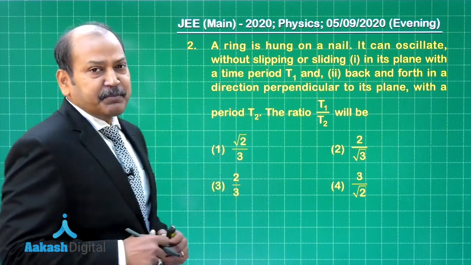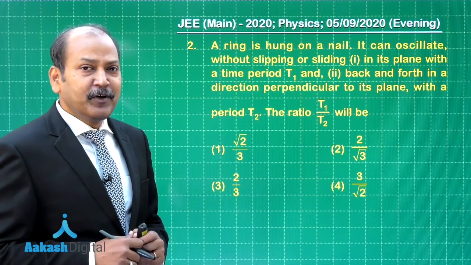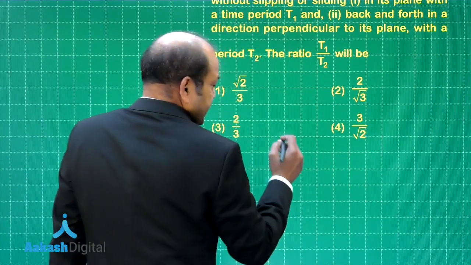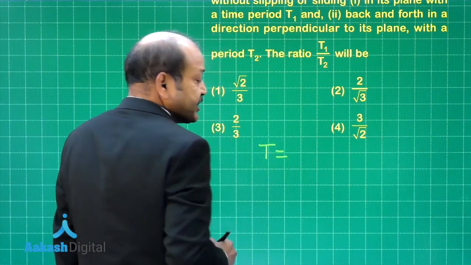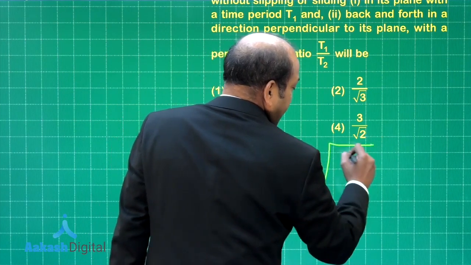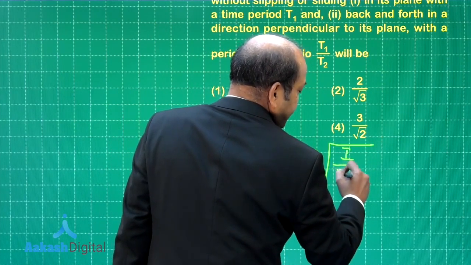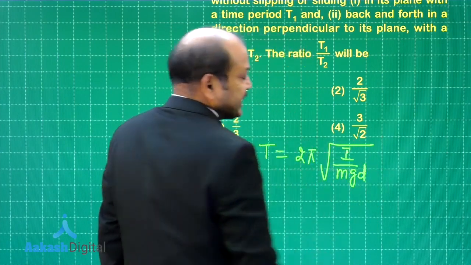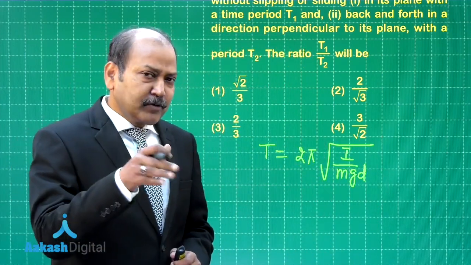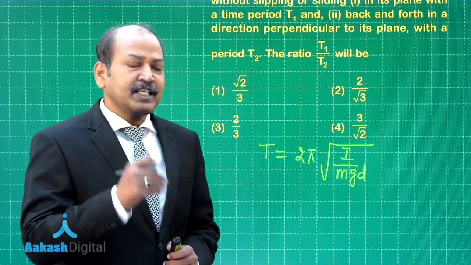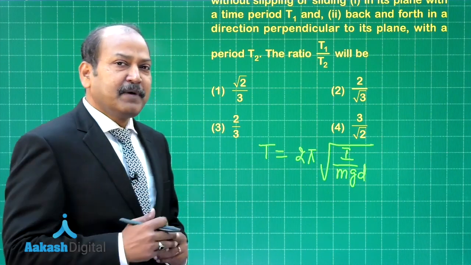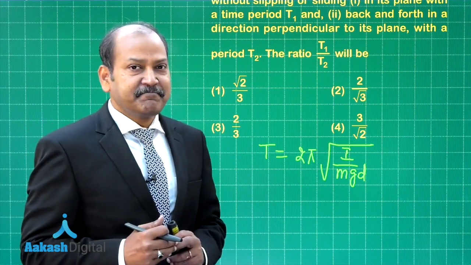So, what is the expression for the time period for a physical pendulum? The time period t equals 2 pi under root of I divided by m into g into d. I is the moment of inertia about the axis about which it is oscillating, and d is the distance of the center of mass from the point of suspension.